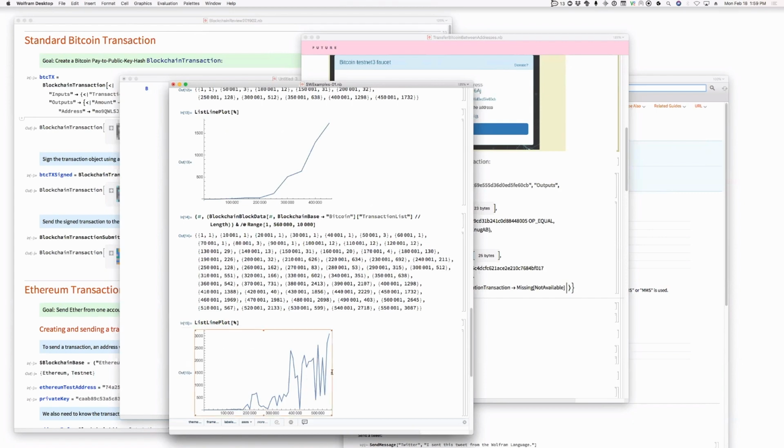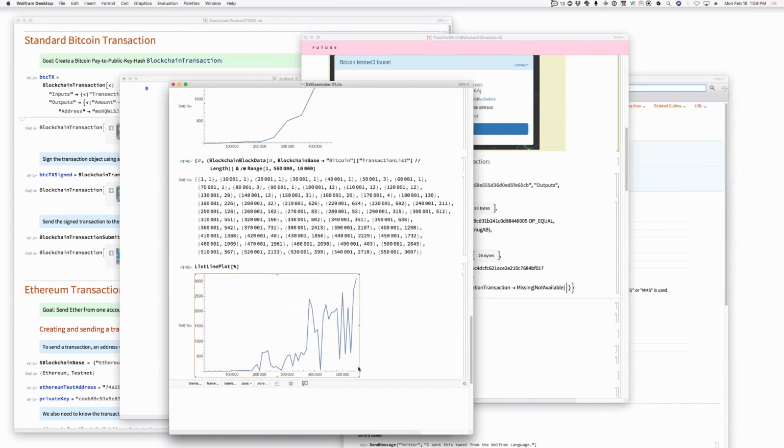Okay. It gets a little bit more squiggly. That's interesting. I wonder why this happens. I wonder what the distribution of transaction numbers in a block is. Is it a Poisson distribution? What is it?